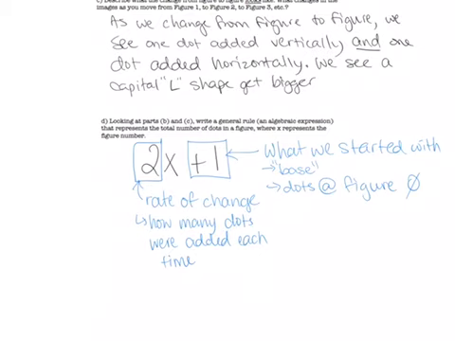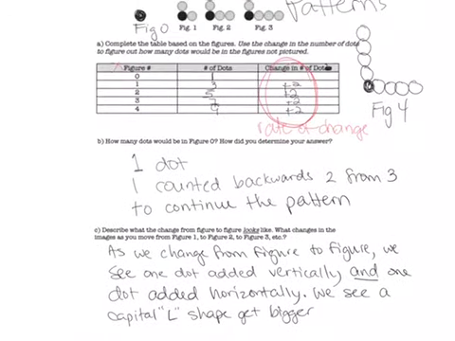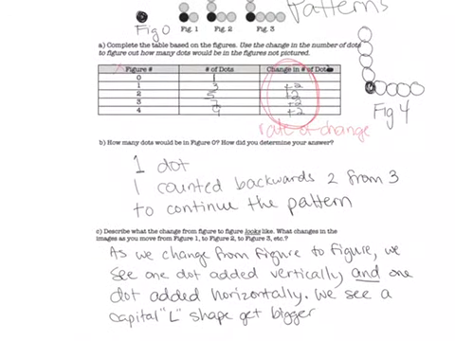Okay, so when we look at this equation, we already figured out figure 4 by analyzing, and we could probably figure out figure 5 by continuing the pattern, like 1, 3, 5, 7, 9, 11. Figure 5 will have 11 dots. We could also go back and draw a picture to determine this.